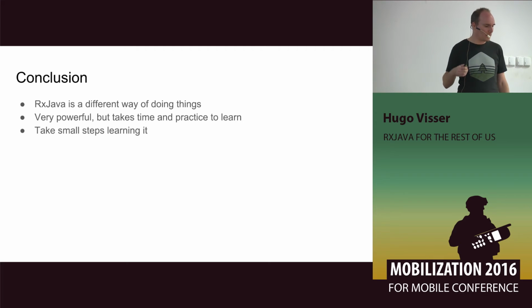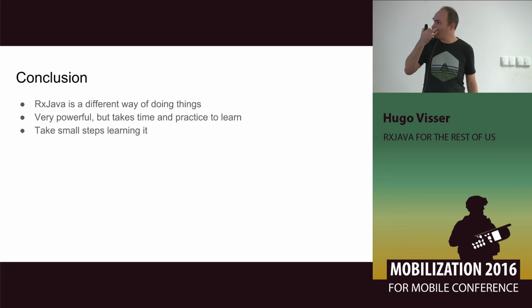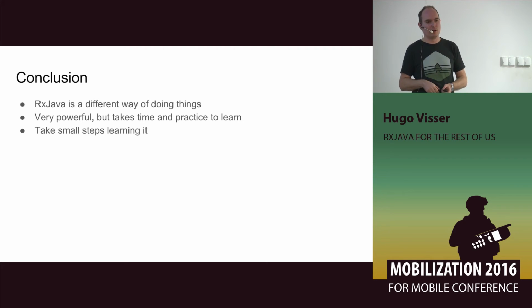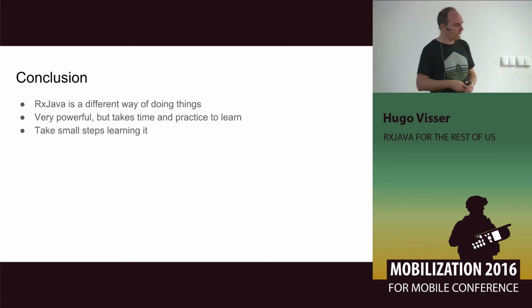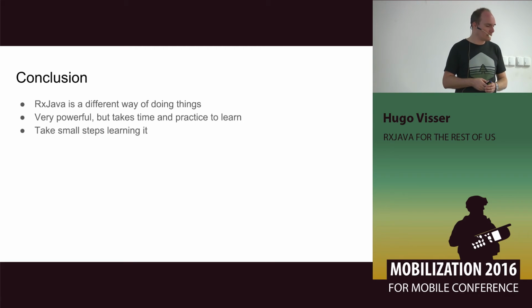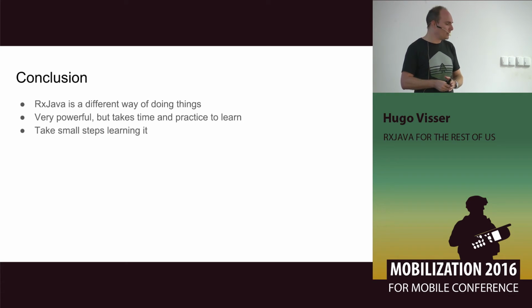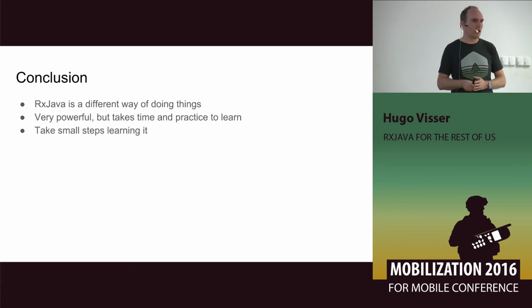So leading up to the conclusion, I think RxJava is a powerful but different way of doing things. And I think it makes sense for a lot of projects to use it. But when you do, I would recommend to take small steps with it.